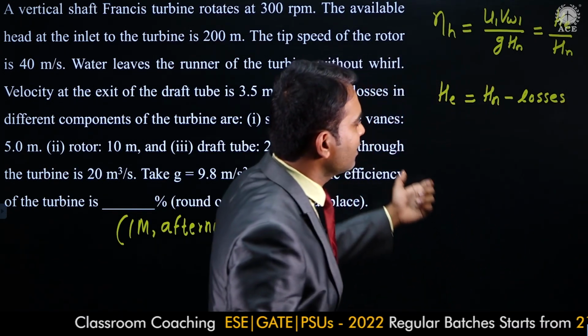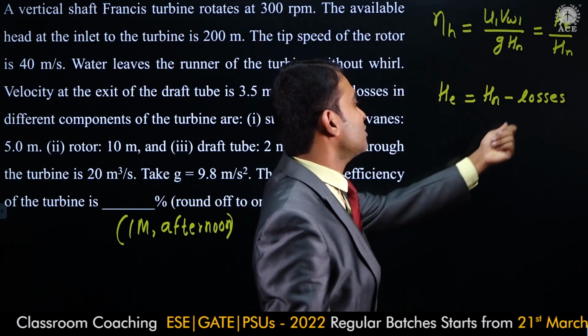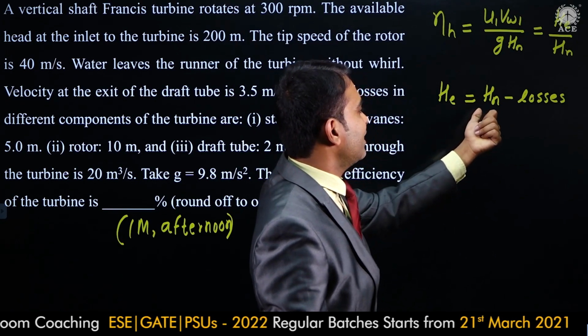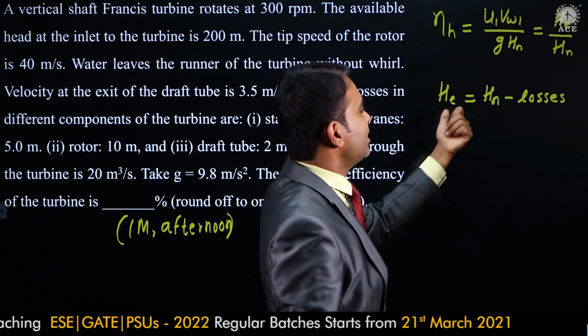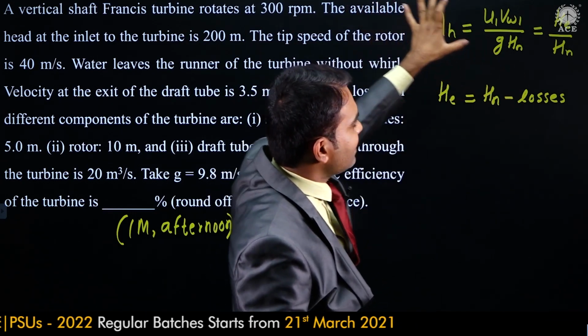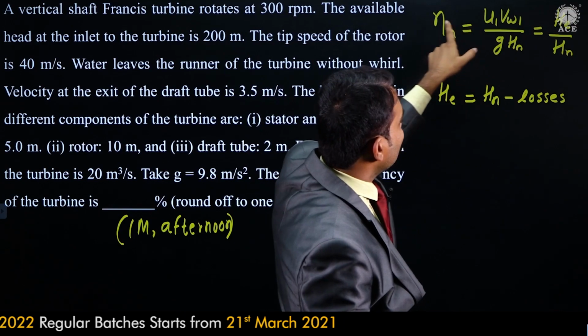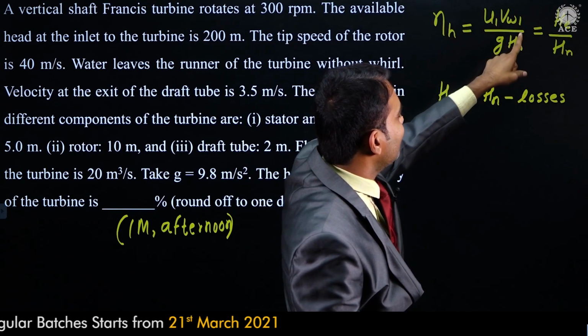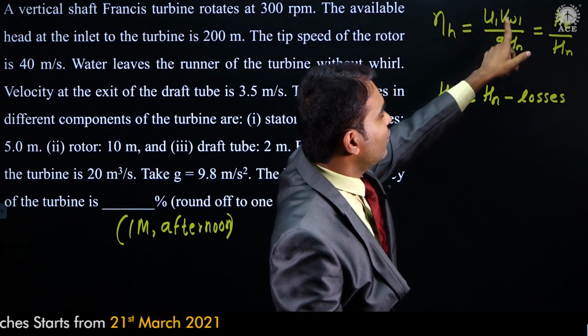Here losses are given. So if you calculate net head, based upon net head you can calculate HE, and HE divided by Hn is hydraulic efficiency, right? So here you have to use the concept of Euler's head. You cannot directly use the formula U1 VW1 divided by G into H, because VW1 is not given.